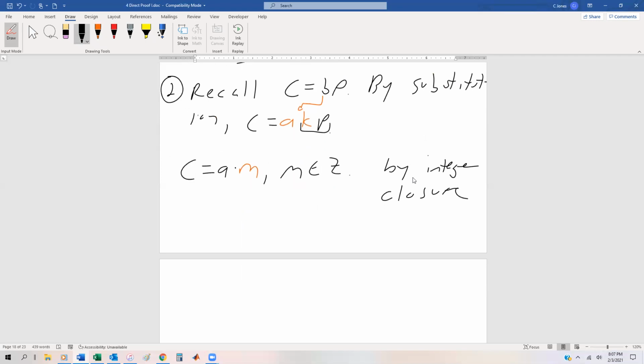All right. Now, doesn't C contain a factor of A, which means that it's divisible by A. That means that A divides C. All right, so we're done.